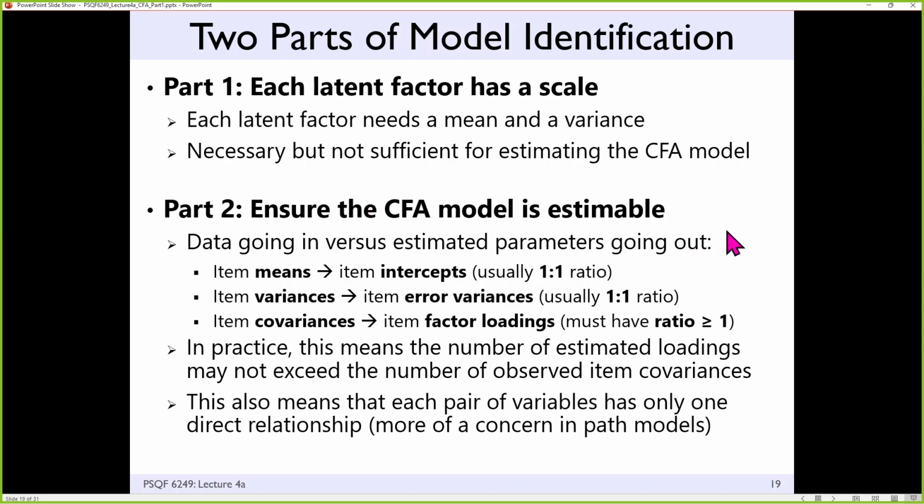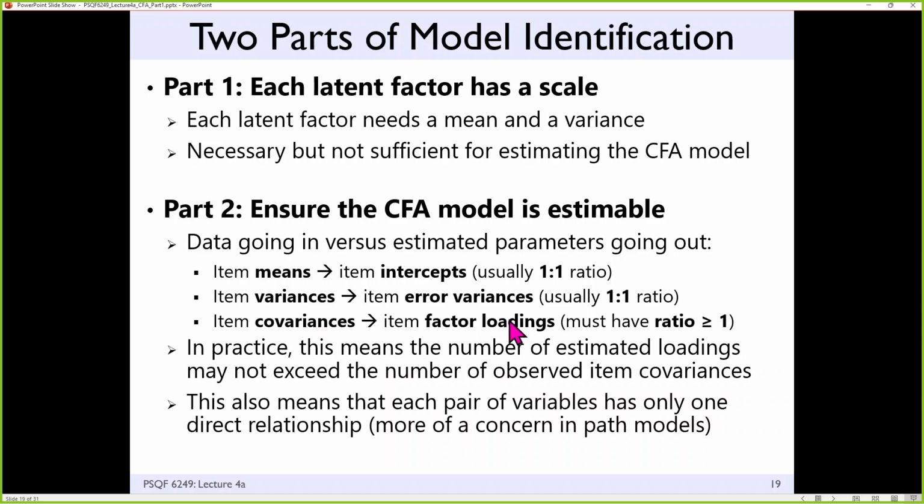After that, we have to make sure that the model itself is estimable, that we have enough information to estimate all of those parameters. So the number of means becomes the number of intercepts. We're good there. Number of item variances becomes the number of error variances. Good there. Covariances versus factor loadings. This is the problem.